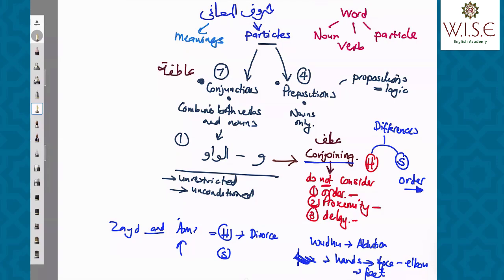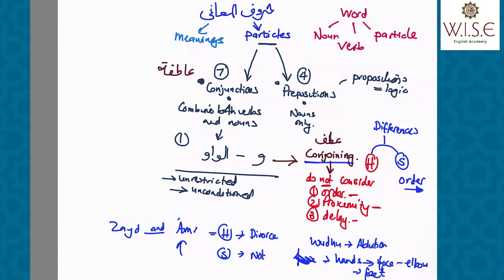For us, the divorce happens. It doesn't matter which order she did it in, whether she spoke to Zaid and then later to Amr, or to Amr and then later to Zaid. The moment she speaks to Zaid and Amr, the divorce will take place.